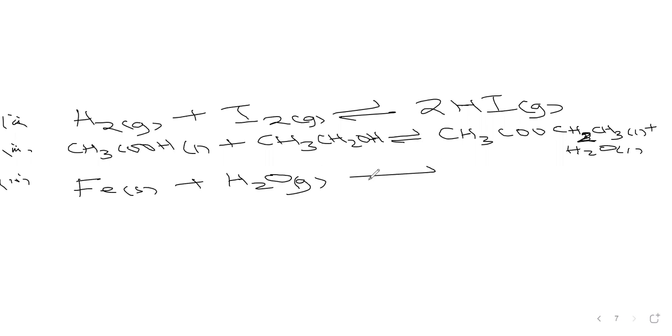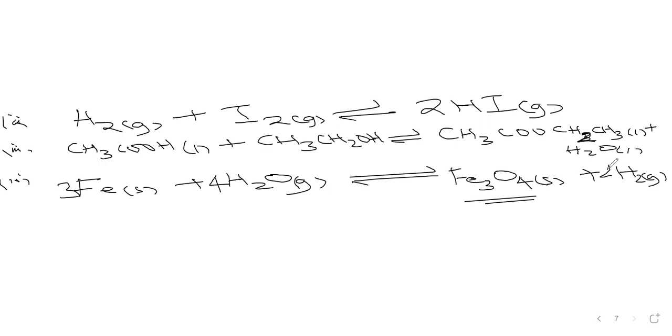So it gives us tri-iron tetraoxide and hydrogen gas. I should balance it so that you learn how to balance such an equation. Can we balance this equation? Yes, by having a 3 here to balance the iron and a 4 here to balance the oxygen. Then the 8 hydrogens implied should have a 4 here.